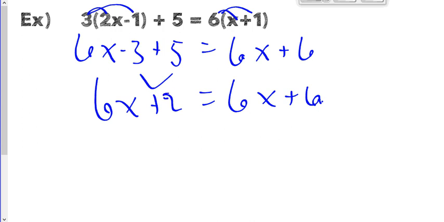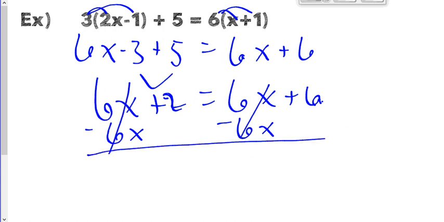Maybe I pick up at this stage that 6x plus 2 is not the same thing as 6x plus 6. If I want to prove it a step further, I could subtract 6x from both sides. Those cancel, they're opposites. Now I have that 2 equals 6. And clearly 2 and 6 aren't the same thing, so I'm right back to my empty set or no solution idea.